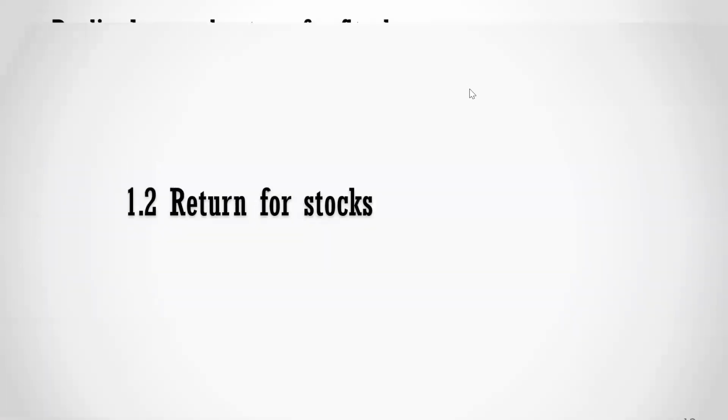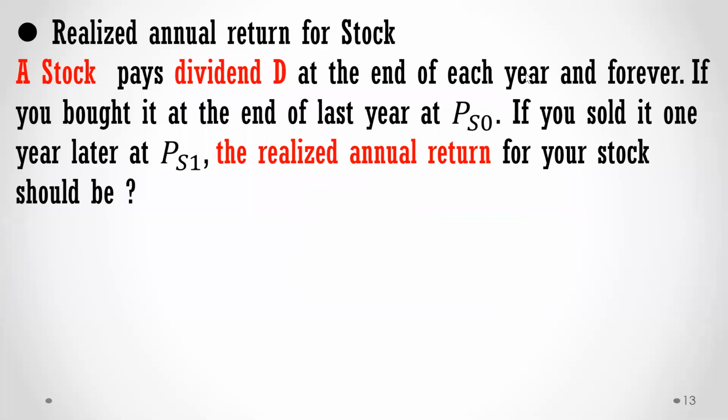Next, I would like to discuss the return for stock. I think the realized return for stock is very easy to calculate. As you learned in the finance class, suppose the stock pays dividend D at the end of each year forever, and you bought it at the end of last year at a price of S0, and sold it 1 year later at S1.